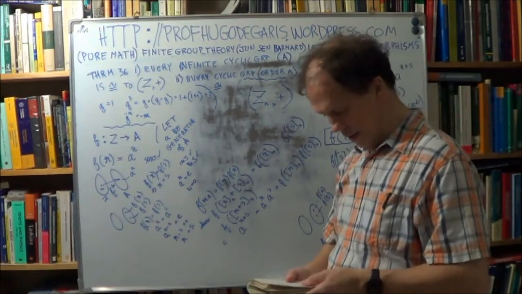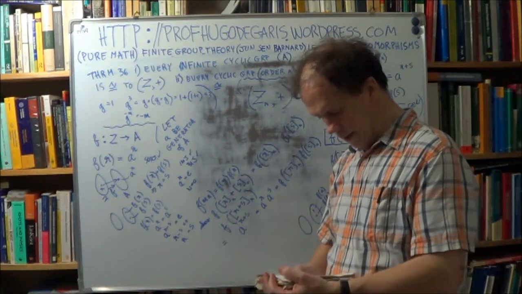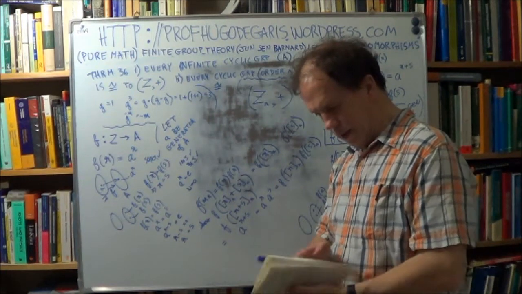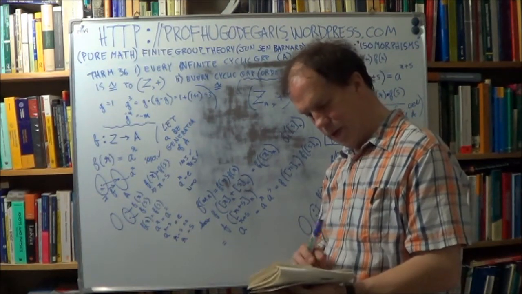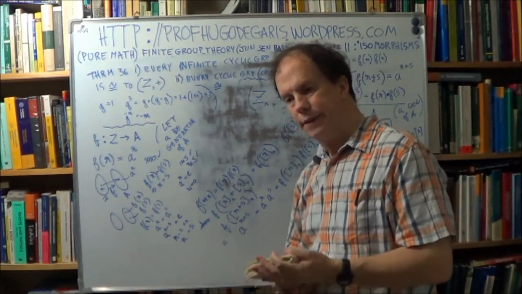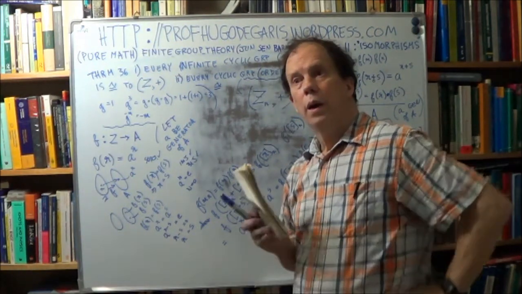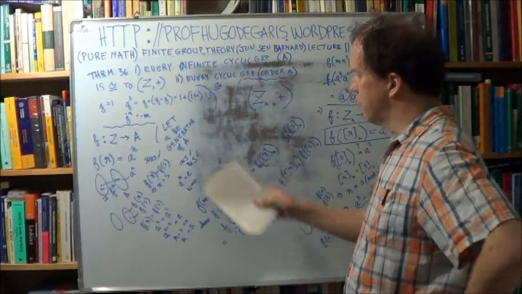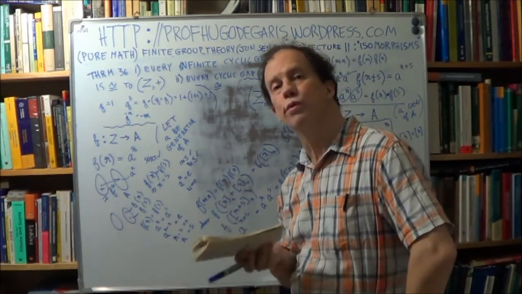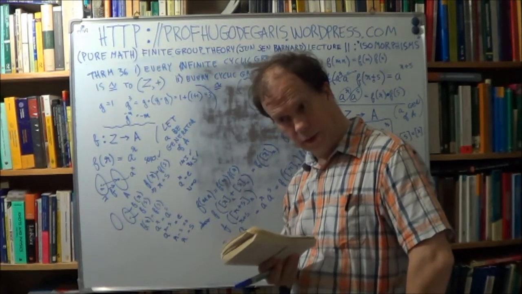Again, I need to clean the board. I think I'll do the next part tomorrow. But I'll give you a bit of a lead in. It's a bit of a change of topic, somewhat. So far in this lecture, we've pretty well been talking about how to prove that two groups are isomorphic.